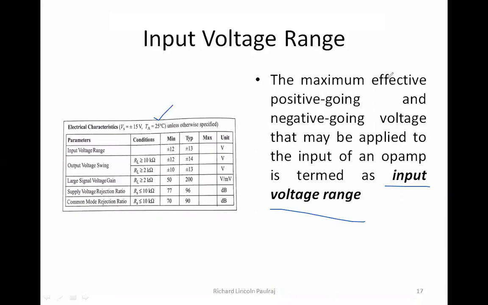The maximum effective positive going and negative going voltage that may be applied to an input of an op-amp is called input voltage range. So ultimately we are looking at ranges that help us understand what the maximum and what the minimum is.